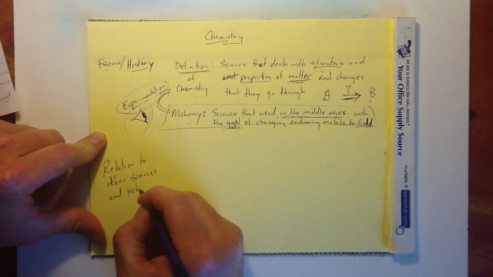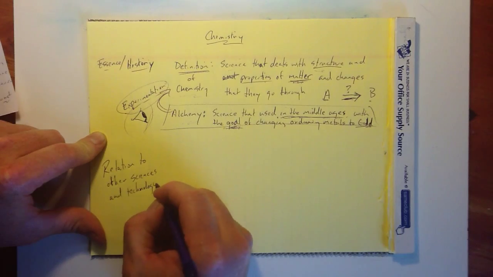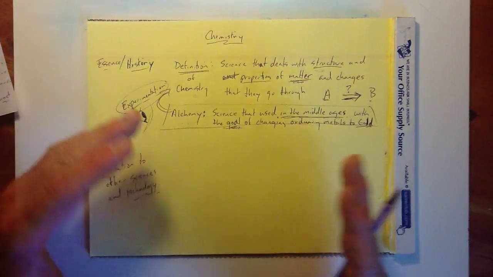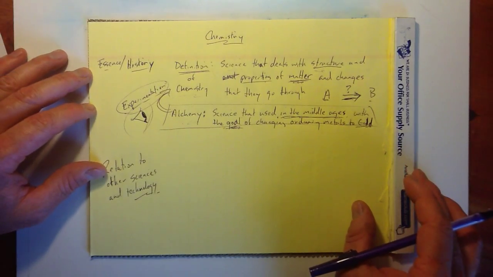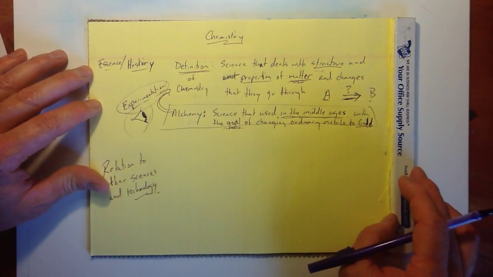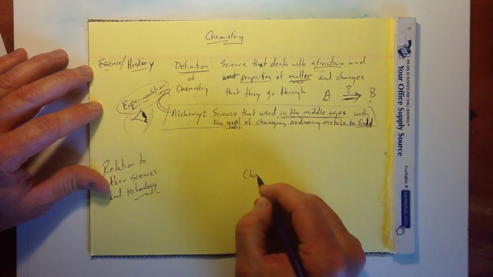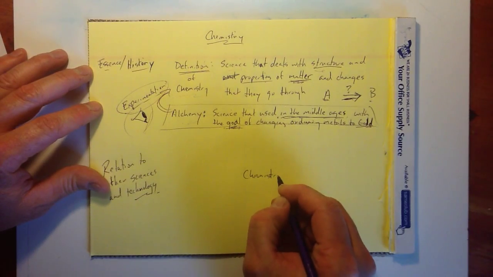So how does chemistry now fit within the scheme or the fabric of other sciences and technologies that have emerged from these sciences?